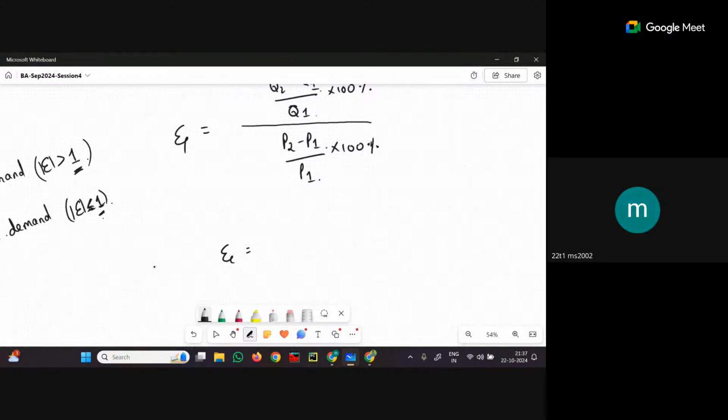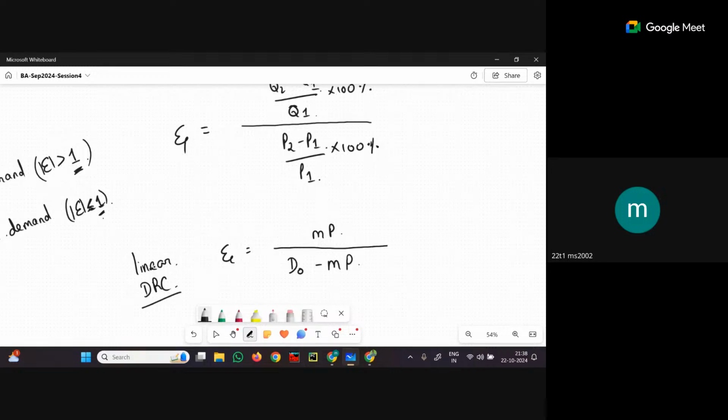What is the formula in week 4? We are looking at only linear demand response curves. So it is minus MP divided by D naught minus MP. Yes, this is the formula that we tell you in the course.